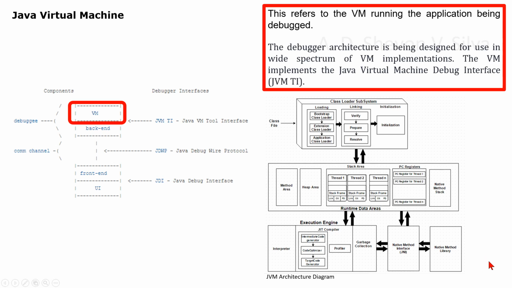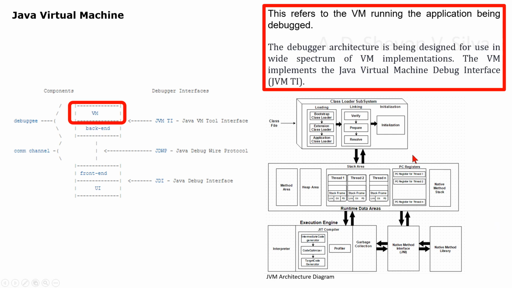As shown in this architecture diagram, the JVM is divided into three main subsystems: class loader subsystem, runtime data area, and execution engine. Class loader subsystem.